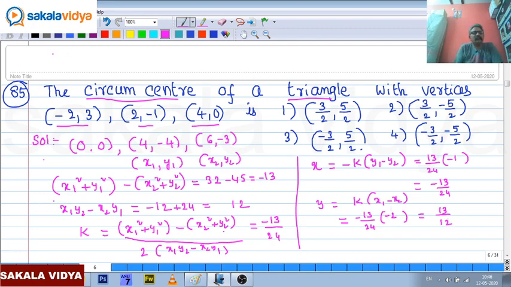So now, for example, circumcenter. We need to add this one. Minus 13 by 24 plus, that means minus 2 you will be getting, comma, minus 13 by 12 plus 3. This equals minus 13 plus minus 48 by 24.